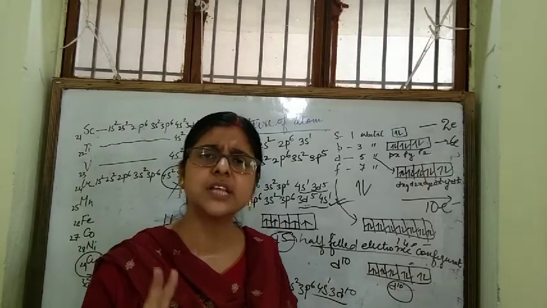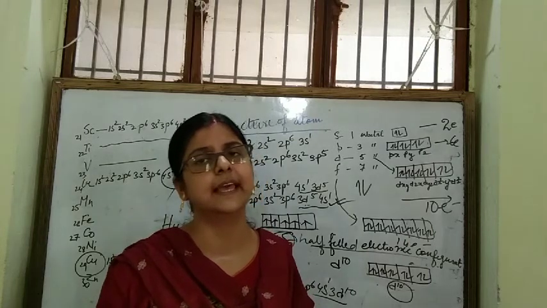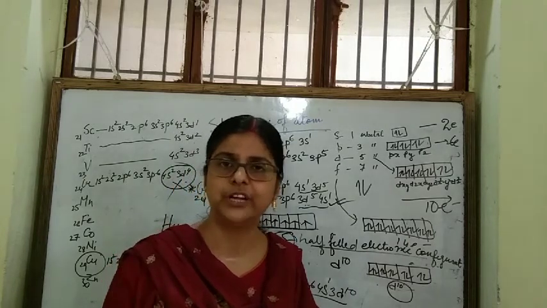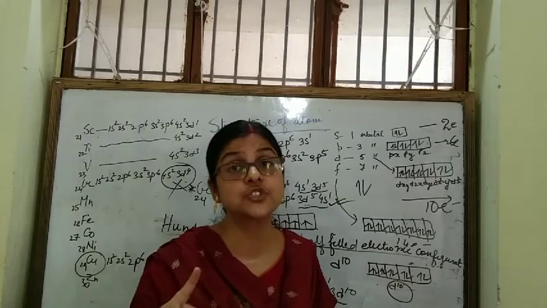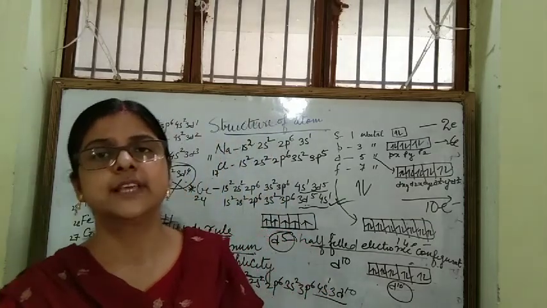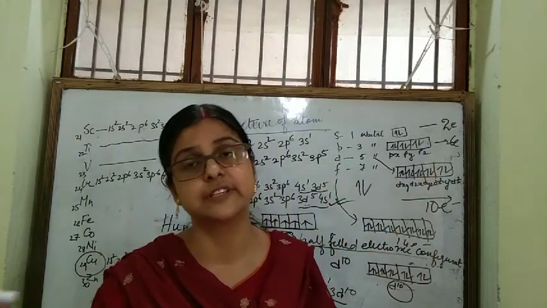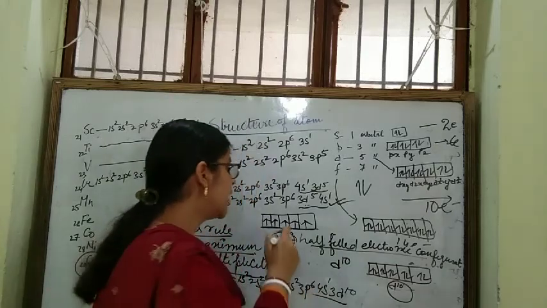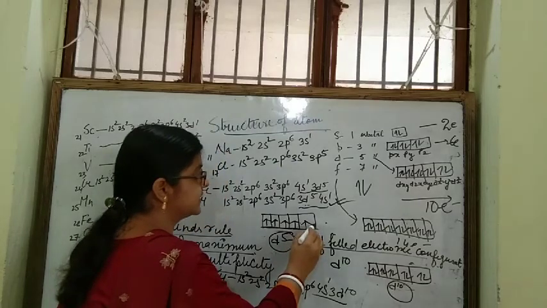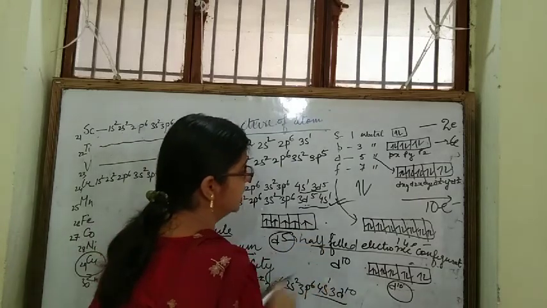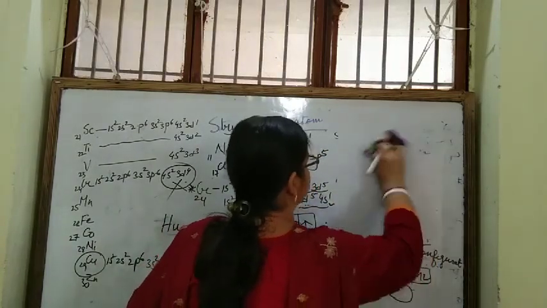Now, we'll have to understand why the stability of the element increases when it has a half-filled or fully filled electronic configuration. Yes, students, this is due to two factors. One is symmetrical electronic configuration. Symmetry increases the stability. See, each orbital is singly filled or each orbital is completely filled. In these two cases, it has a symmetrical electronic configuration.